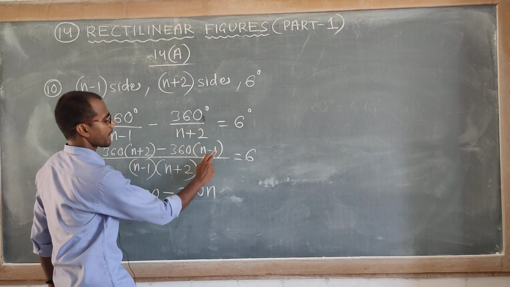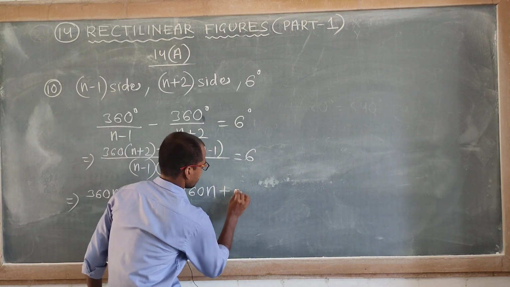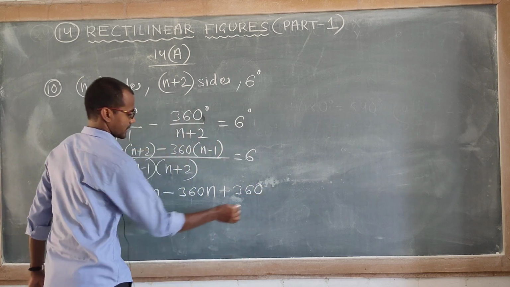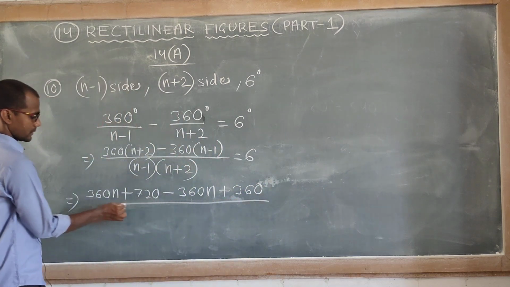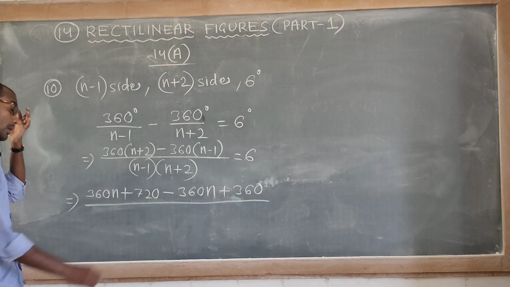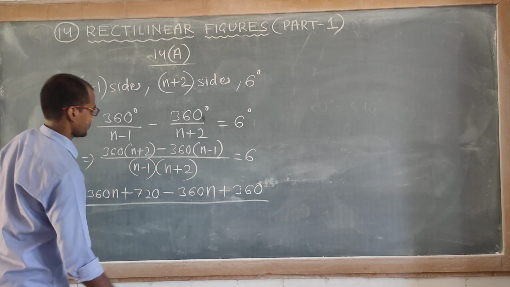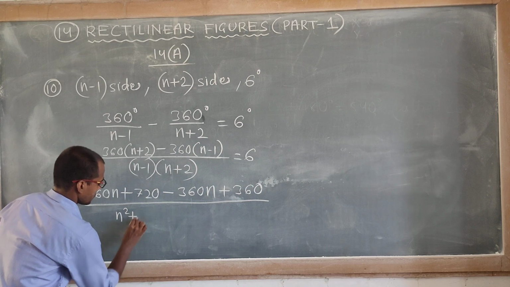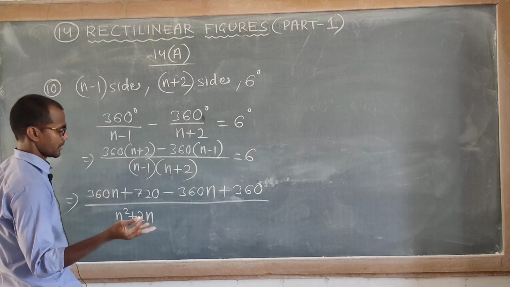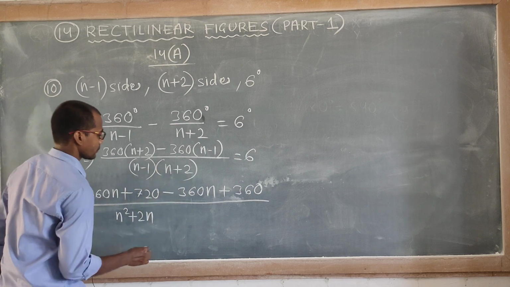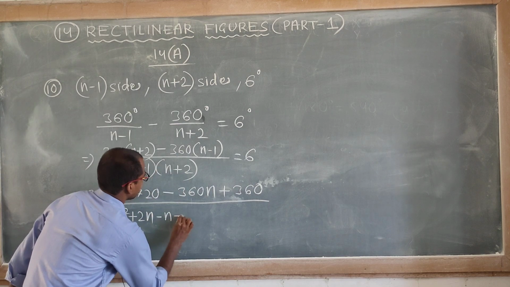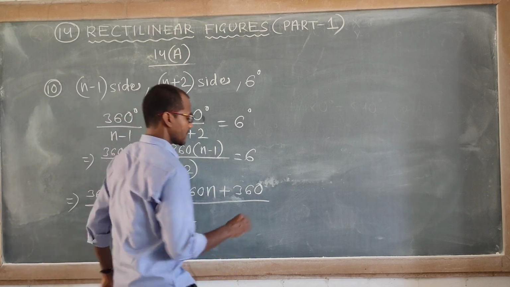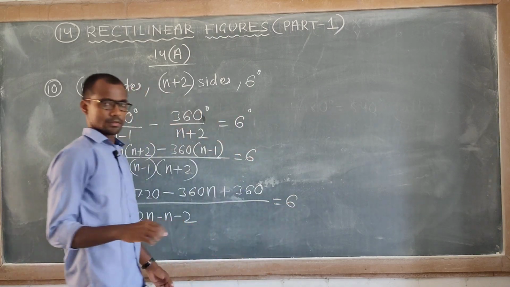Minus 360 into minus 1 is plus 360. Now let us expand the denominator. n into (n plus 2) will be n squared plus 2n. Minus 1 into (n plus 2) will be minus n minus 2, which is equal to 6.